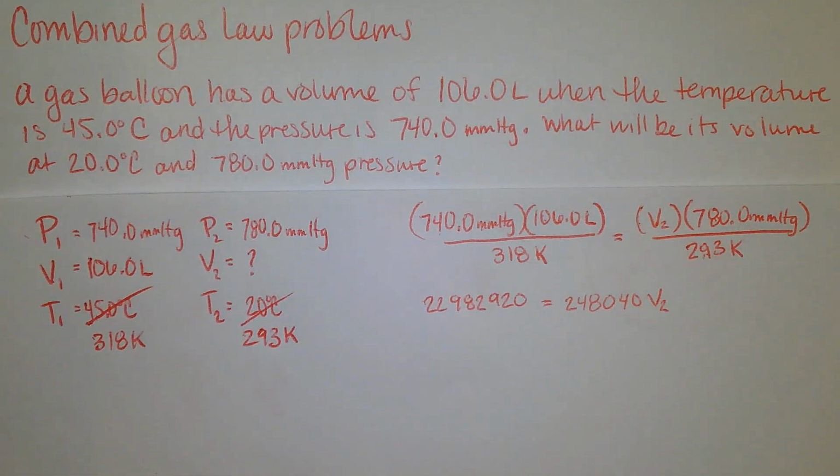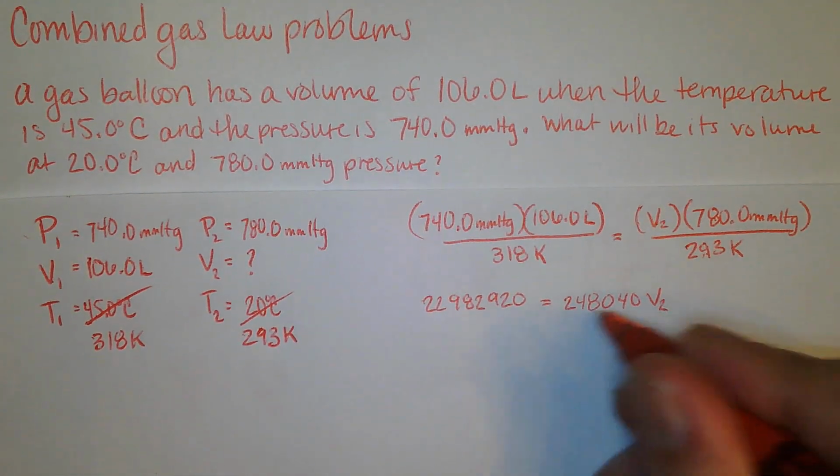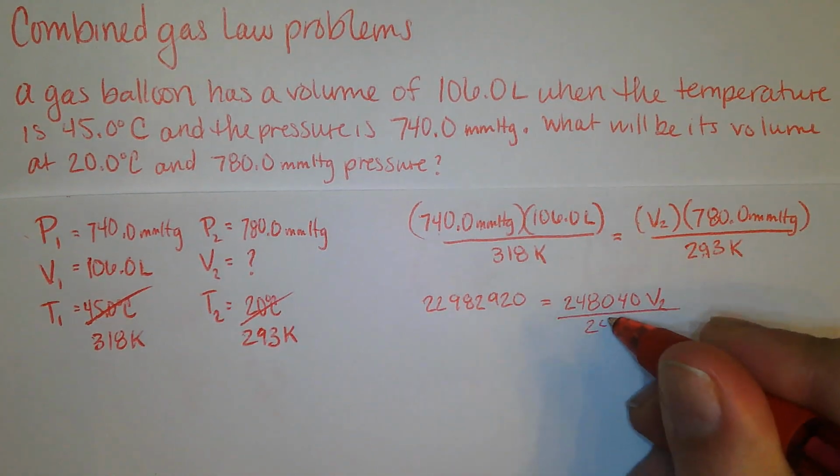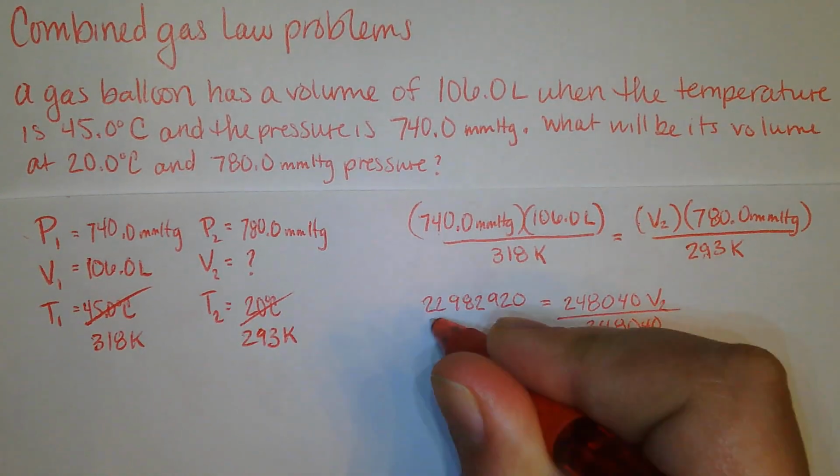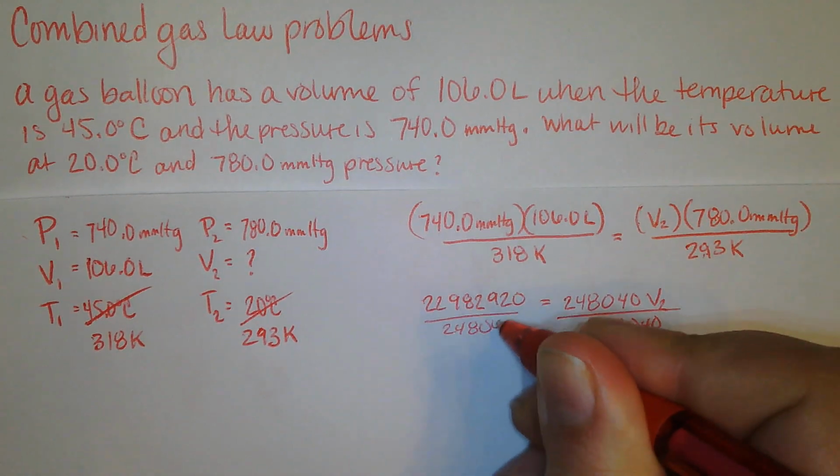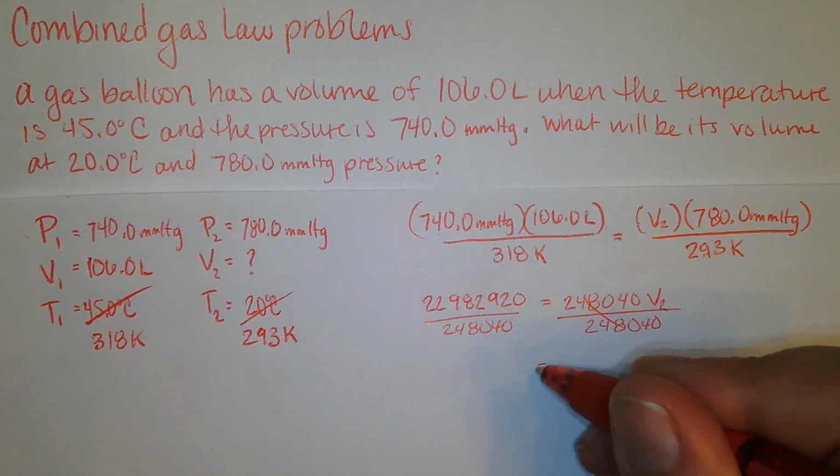All right, so just like any equation, how do we get V2 by itself? We're going to divide by 248,040. It cancels out.